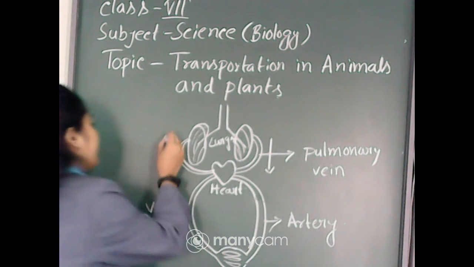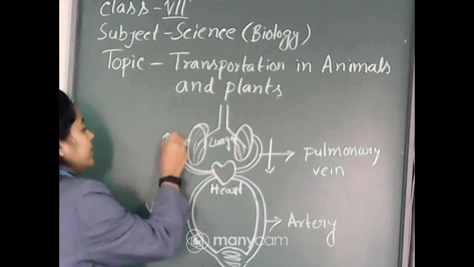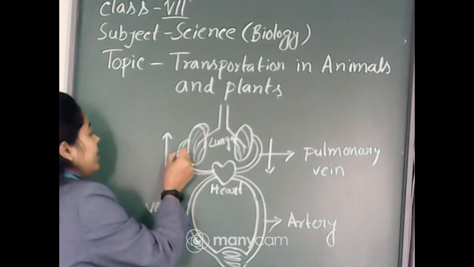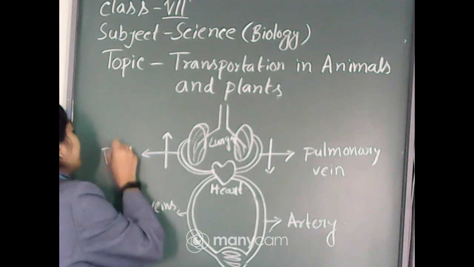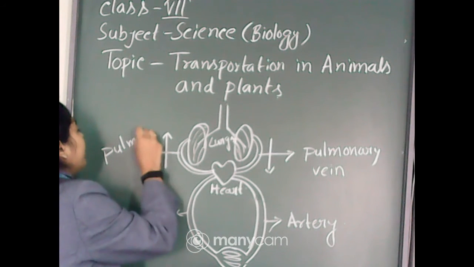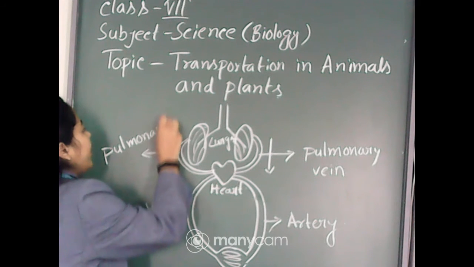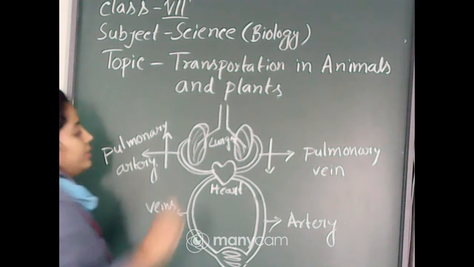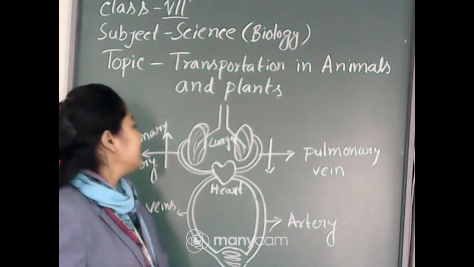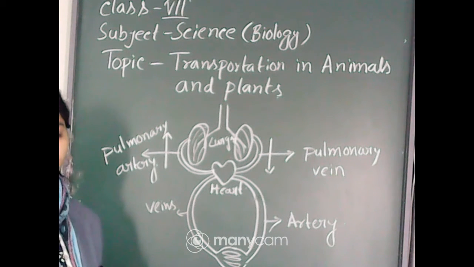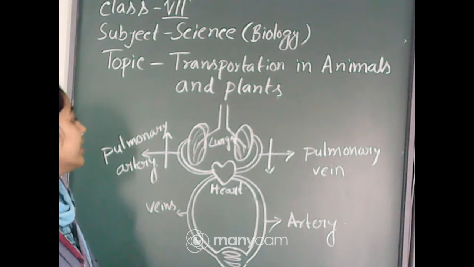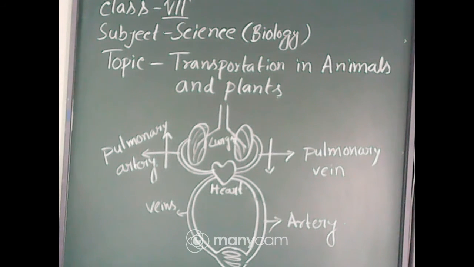And on the right side the direction is upward, you can see, and this blood vessel is known as pulmonary artery. Okay. Now, can you see the figure clearly? Now, please observe the figure more keenly.